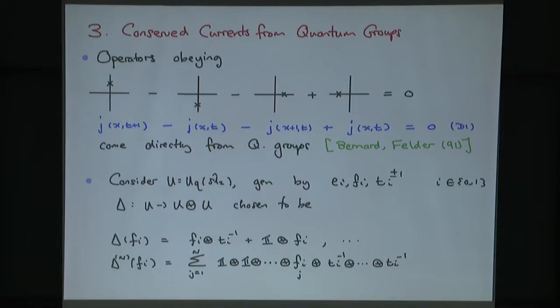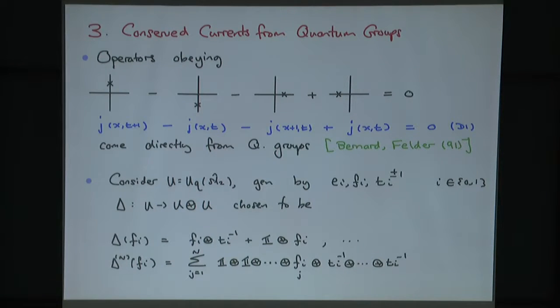Let's take the simplest example, the one that's also relevant to the six vertex model that I'm going to discuss later on, where the algebra is U_q(sl_2 hat). It's the deformation of the universal enveloping algebra of the affine sl_2, generated by the Chevalley generators E_i, F_i, and T_i^{±1}, where i just has two values, 0 or 1.